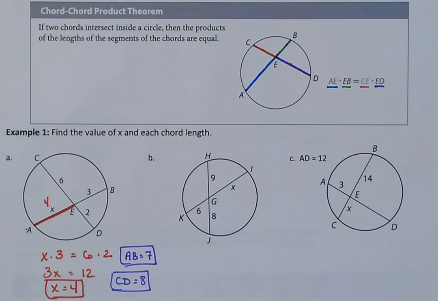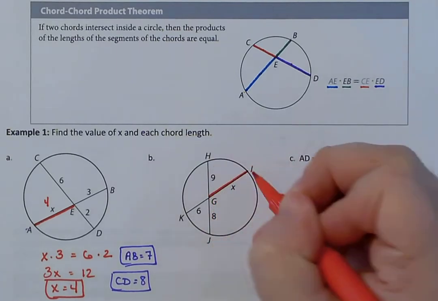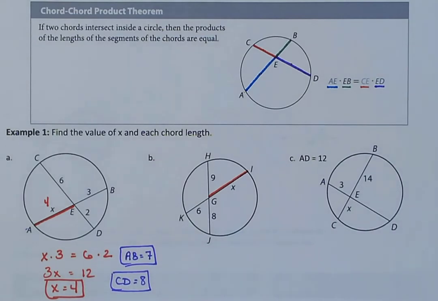Now, if we take a look at part B, they tell us that KG is 6, HG is 9, IG is x, so that's what we want to figure out, and that GJ is 8. So we need to figure out the length of IG right here, and that is our goal for this problem.